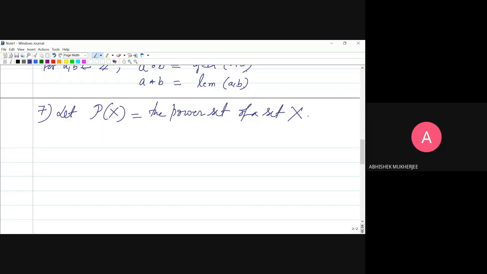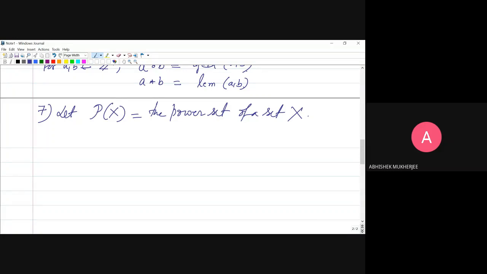That is, the algebra on sets, right? So the first one was union, second one was intersection, third one was difference, and the fourth one was symmetric difference, right?